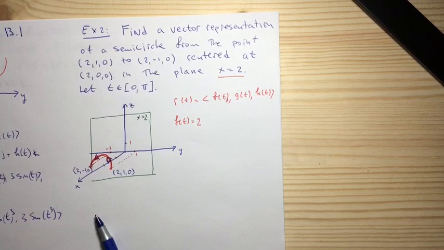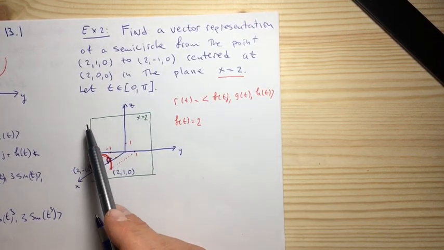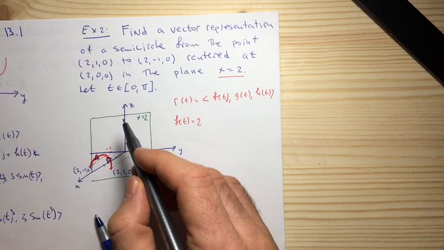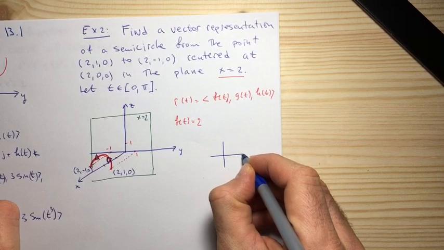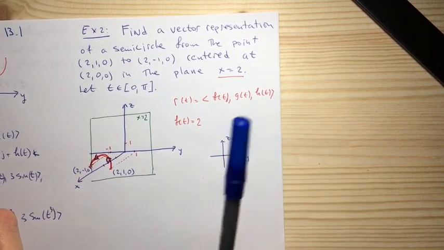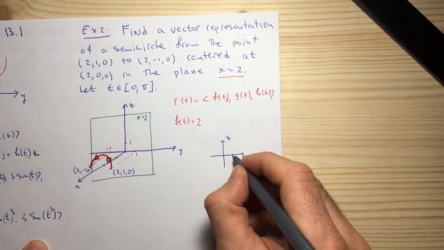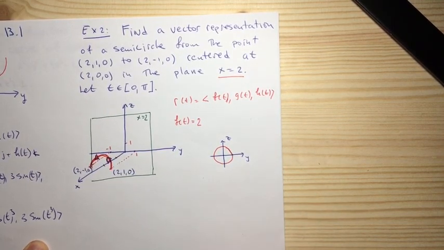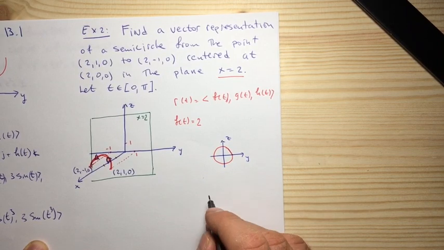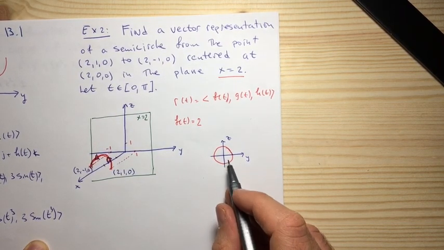Now I want to remind you that whenever we're talking about a circle, we use parameterization, we go into polar coordinates. So it's a circle lying in a plane parallel to the YZ plane. If you have a circle in this plane, what is going to be the polar representation or polar equation of this curve?